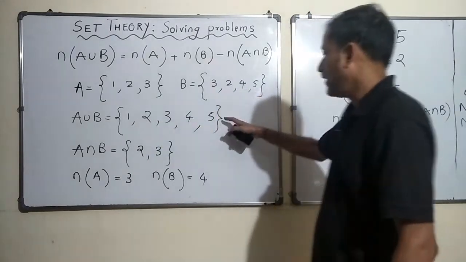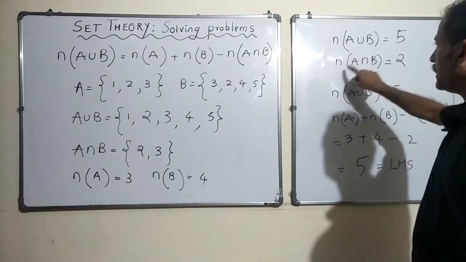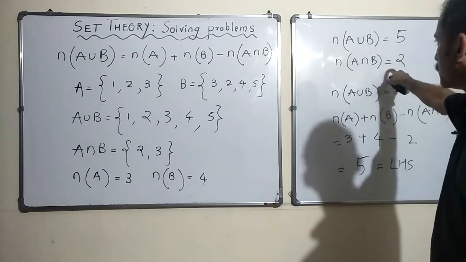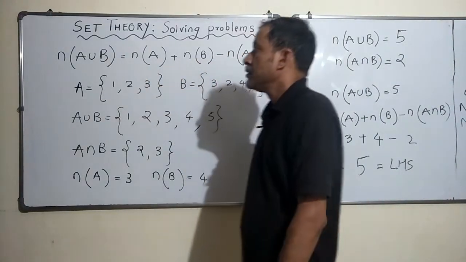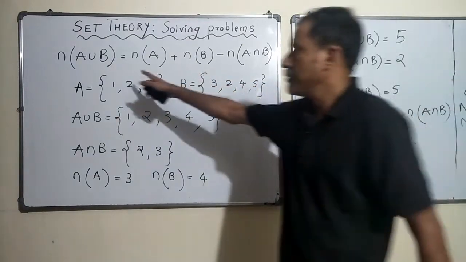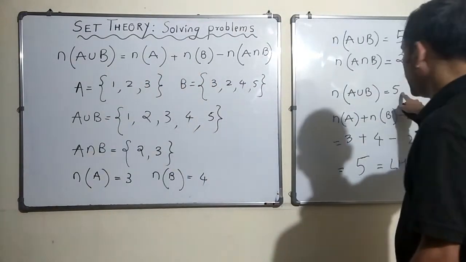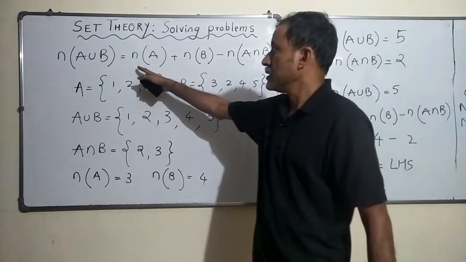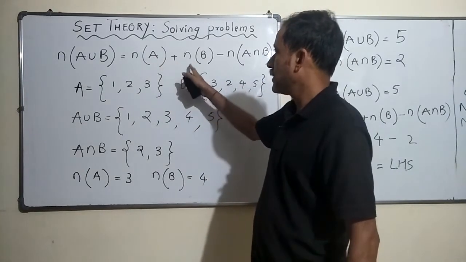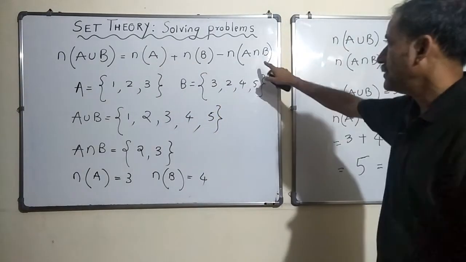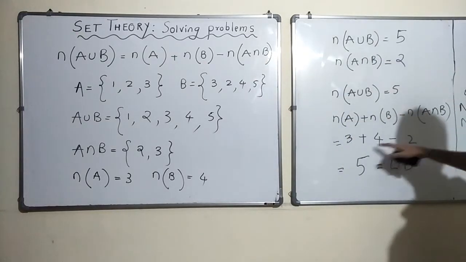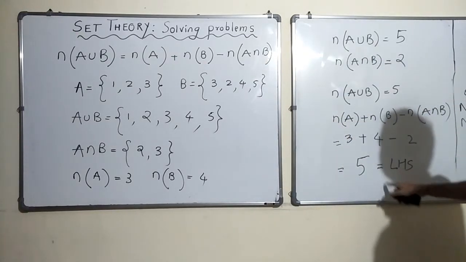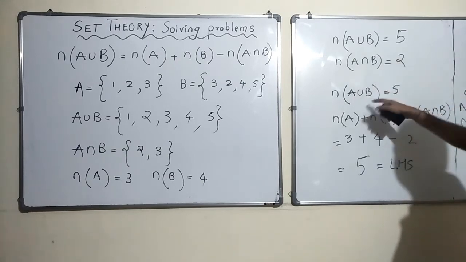So 1, 2, 3, 4, 5 elements are there, and the number of elements in A intersection B is 2, right? And then we tried substituting the values here. So the number of elements in A union B is nothing but 5. Then the number of elements in set A plus the number of elements in set B minus the number of elements in A intersection B, which I substituted here, came to 5, which is the same as the LHS.